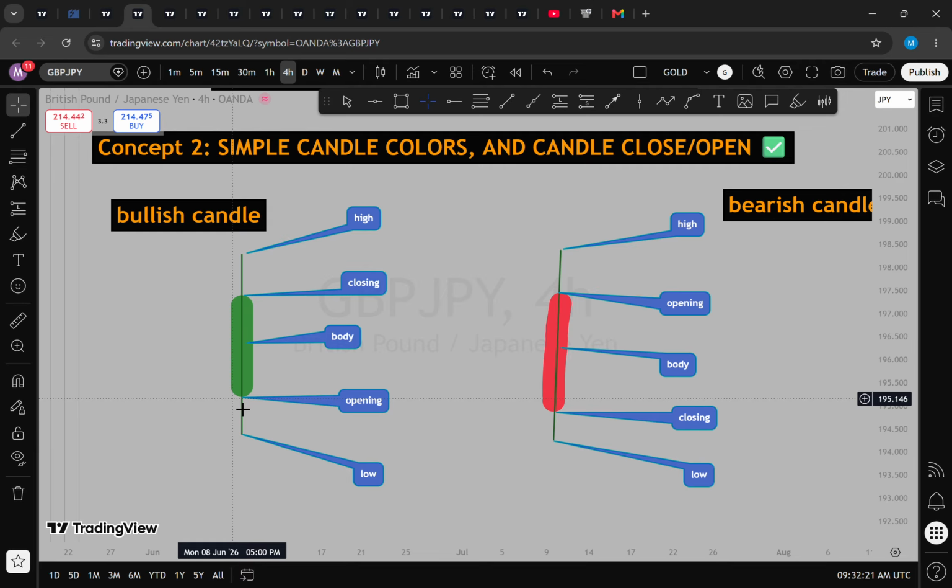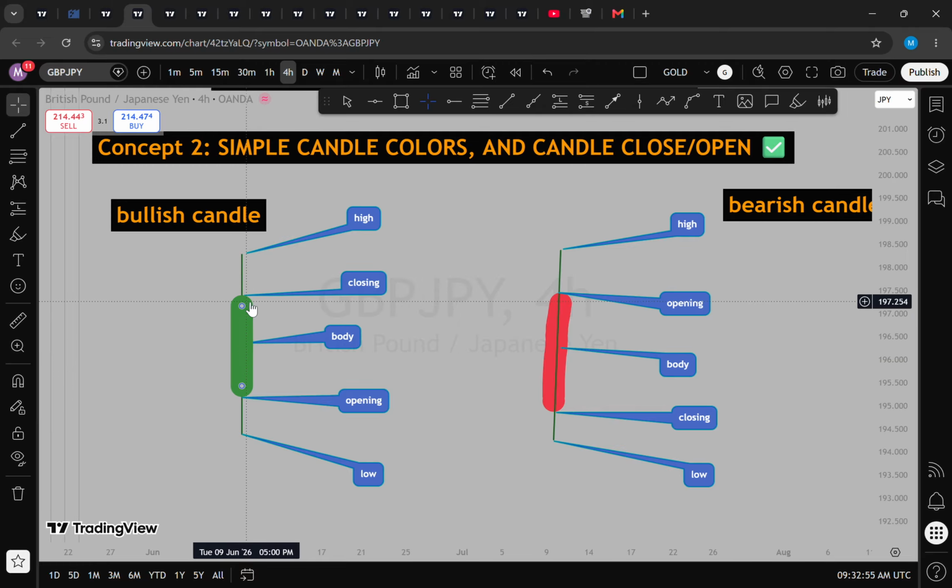When buyers came into the market, they opened the market from here, intending to go up, but the sellers came in and pushed the price back to this low. But eventually the buyers are much more in number than the sellers, so the buyers push it back way up, countering the sellers, thereby creating this wick from here to here. Eventually the buyers won, creating this whole body.